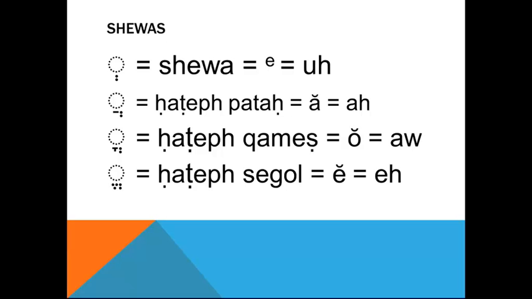The katef kamates is a Shiva with that short O, and the katef sagol is a Shiva with the sagol. You can see these correspond to the three classes of vowels: the A kinds of vowels, the O, U kinds of vowels, and the E, I kinds of vowels.